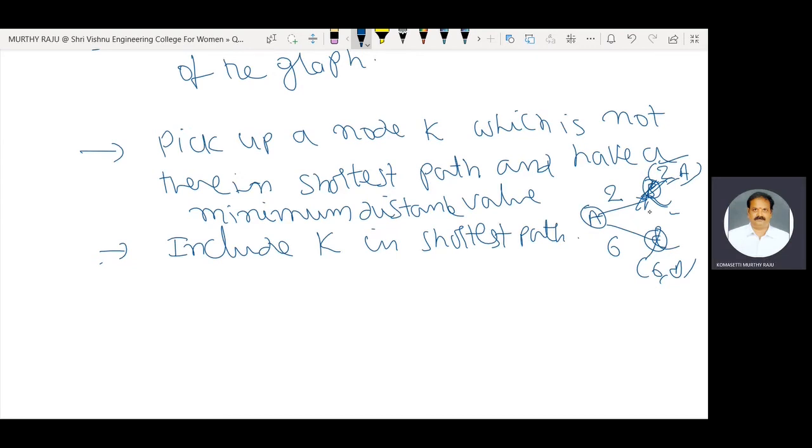The neighbor nodes of A are K and L. Update the distance values of all adjacent nodes of A. That means how to update the distance values of all the adjacent nodes.